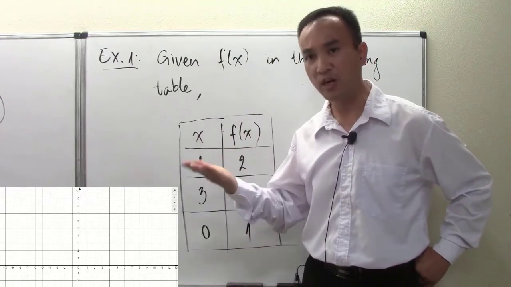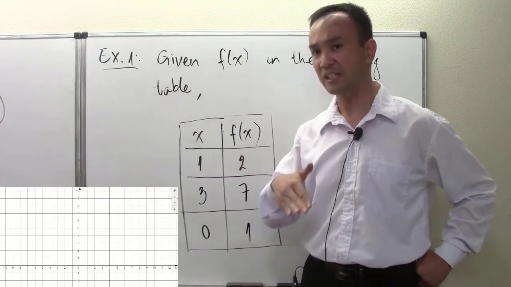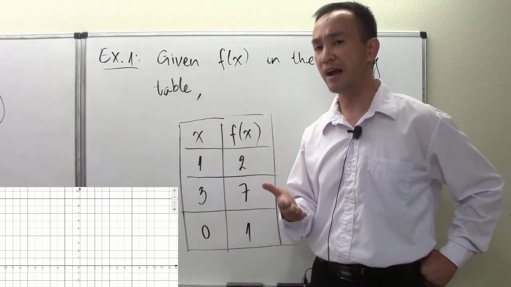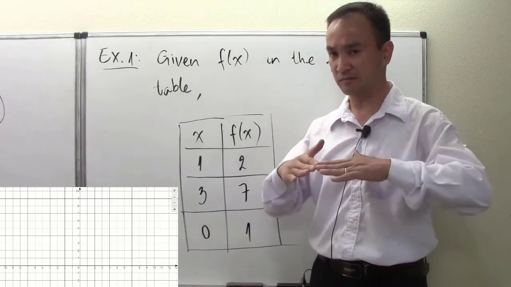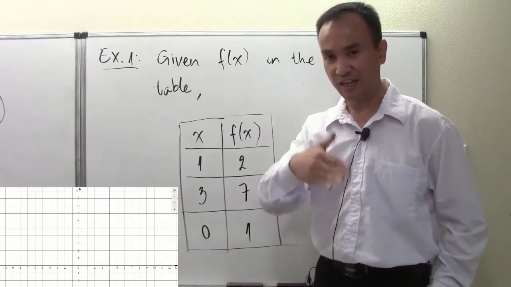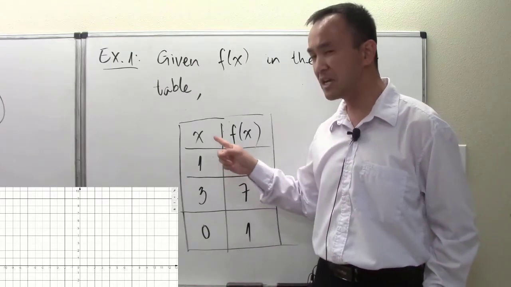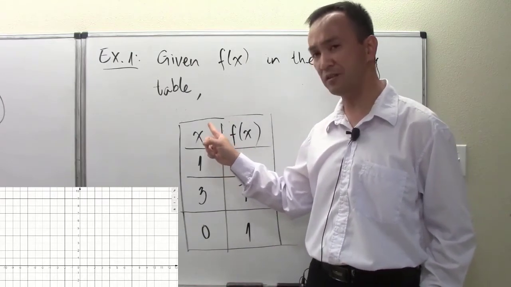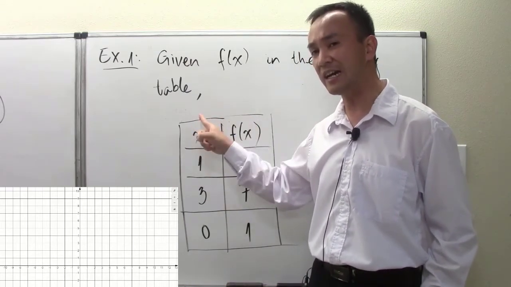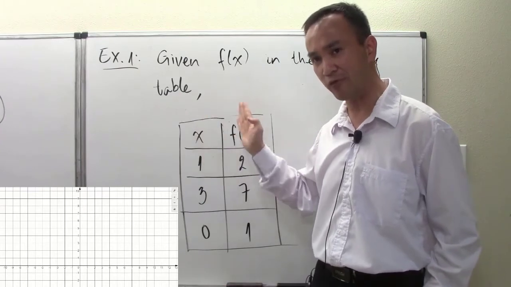When you are fluent and flexible enough, and at this point anyone viewing this lesson should be a pre-calculus student, your maturity in mathematics should have grown a lot more than in the previous courses. So be ready to accept that you can flexibly assign any variable, any letter, to name your input and your output.